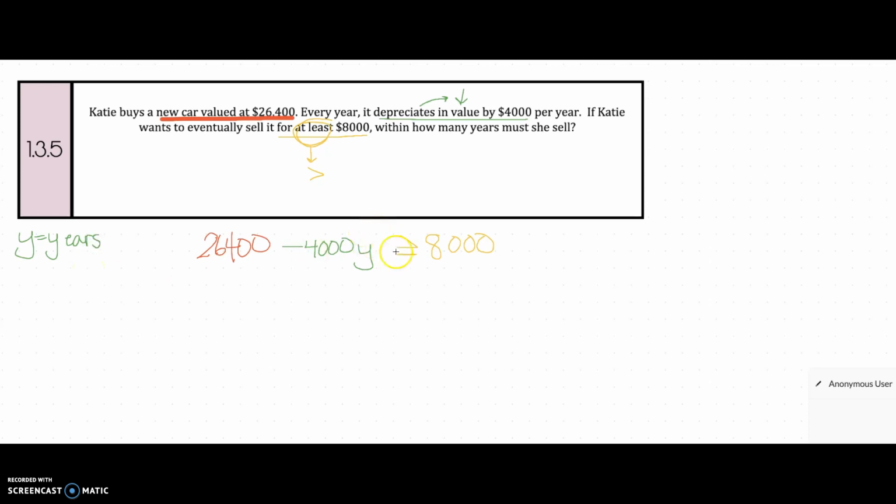So now the 3.0 level is to actually solve this. So if I want to start this, I see that there's a number over here, so I want to move this number over with it. So I'm going to start by subtracting 26,400.